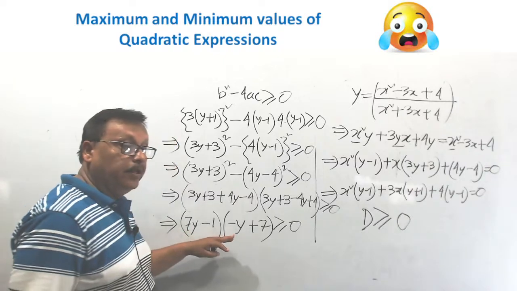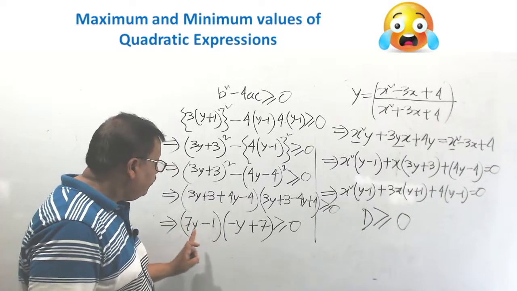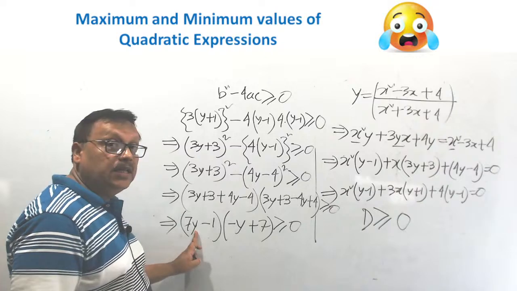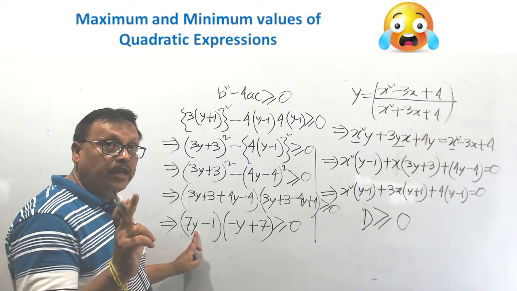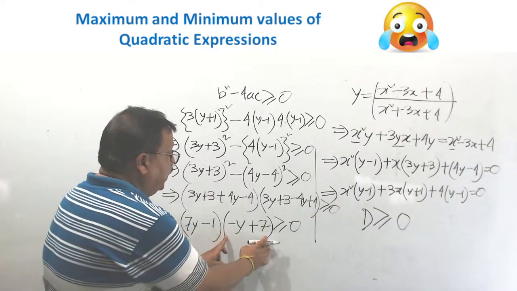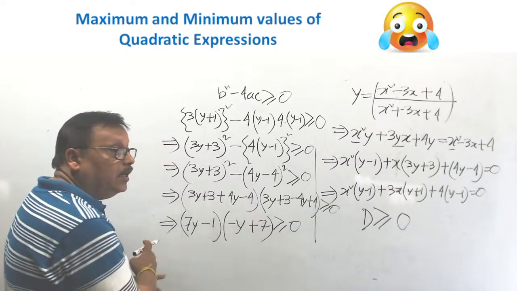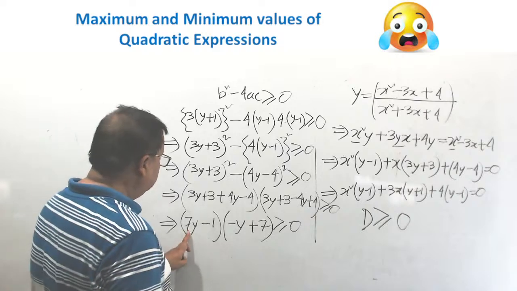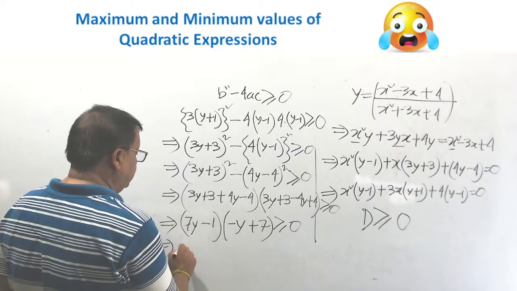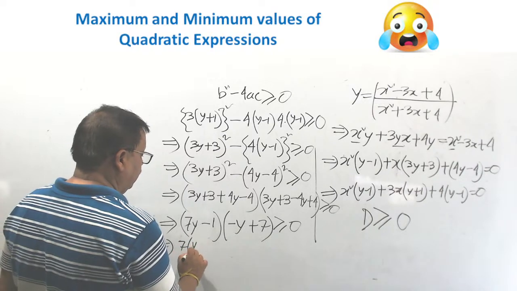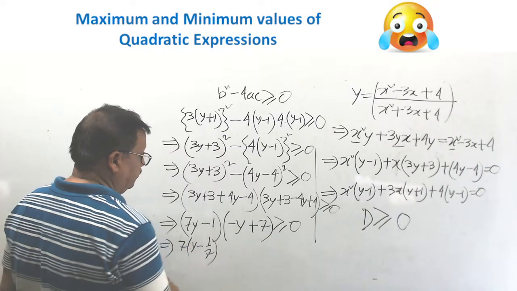In the OEB method there is a technique: the unknown variable always will be with coefficient 1, and in each factor it will remain on the left side. Here the coefficient is 7, you have to make it 1. So take common 7, giving y minus 1 by 7.